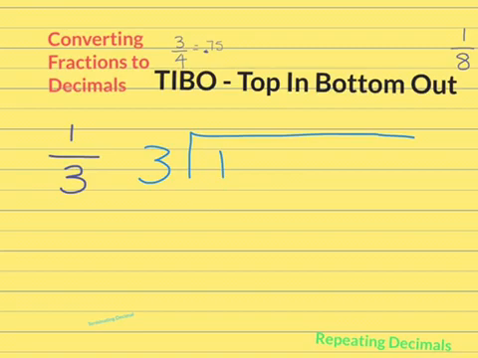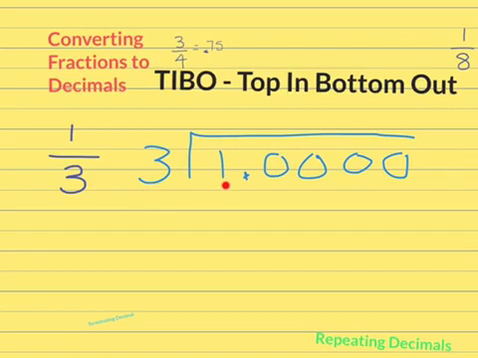So now we can't divide the 3 into 1, so we're going to add a decimal point, and then we're going to add some zeros. And we can add as many zeros as we want after the decimal. So now we are going to start our division.